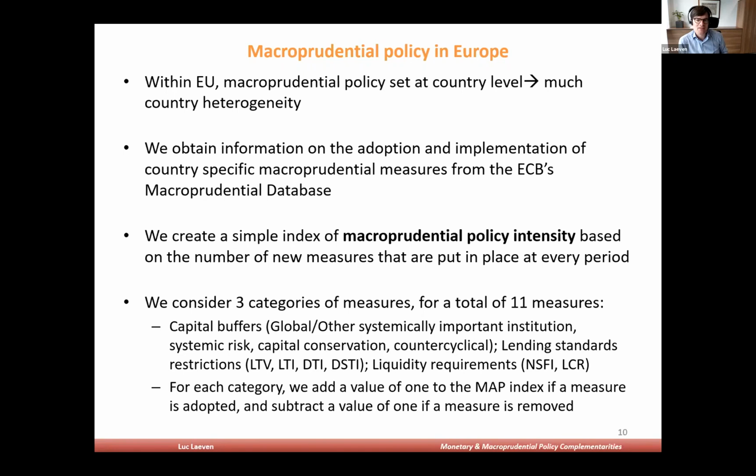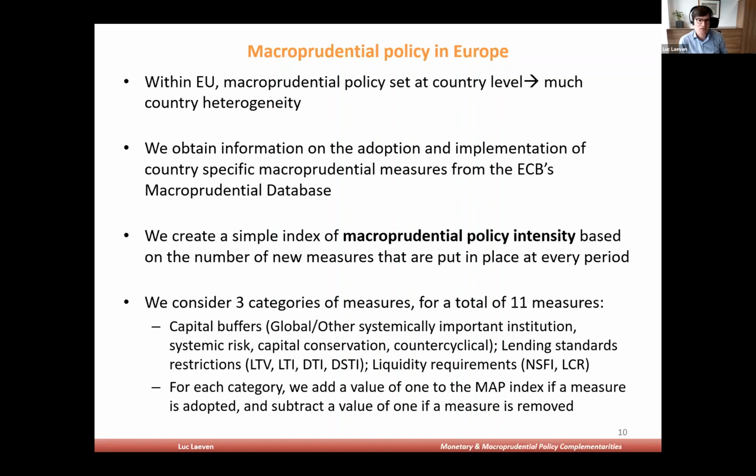And this database covers country-specific macroprudential measures, both in terms of when they were adopted, and we have information on whether they were adopted in a loosening or a tightening way, etc. And it covers a large range of prudential measures, including some microprudential measures. And we focus here on the macroprudential policy measures.